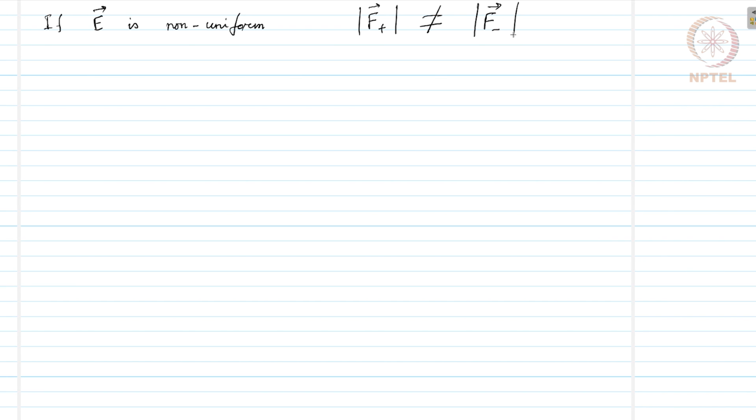In that case, we will have a total force on this molecule, and that will be obviously the difference between these two forces. We are summing the forces because they are opposite in sign, and so the total force is given by Q times E plus minus E minus.